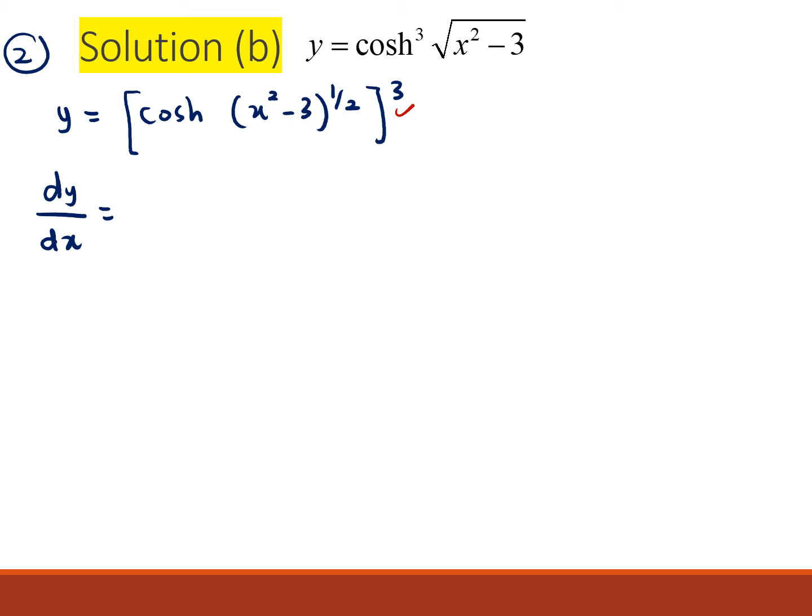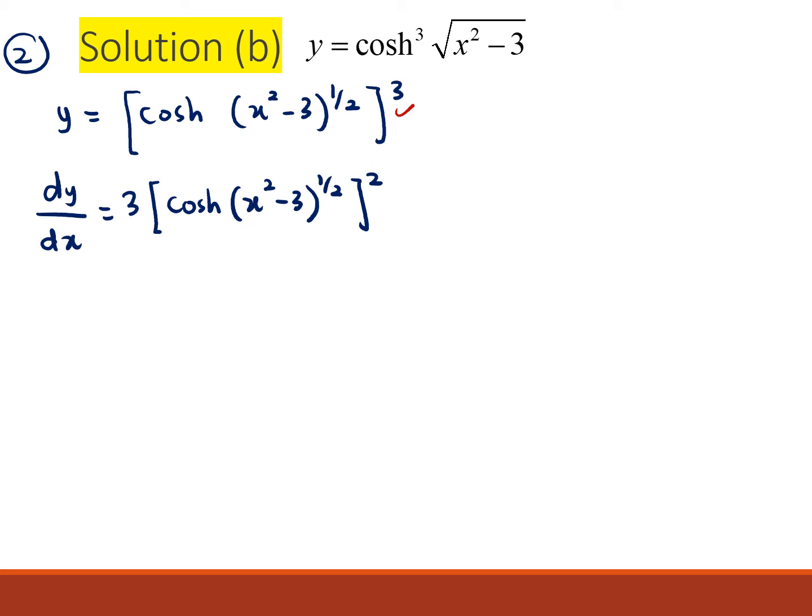So first we differentiate the power of 3. So we get 3 and we keep the inside function, which is cosh of x squared minus 3 to the power of half. This will be to the power of 2. Now we have solved the outer function.